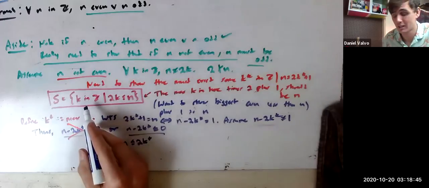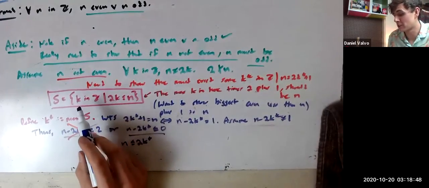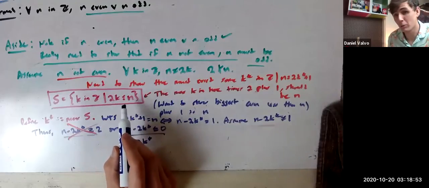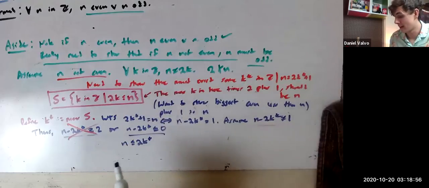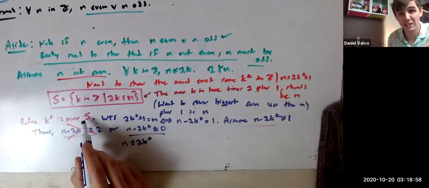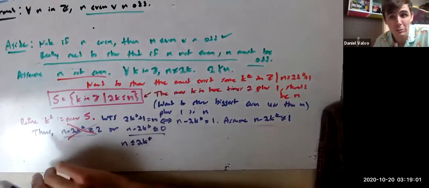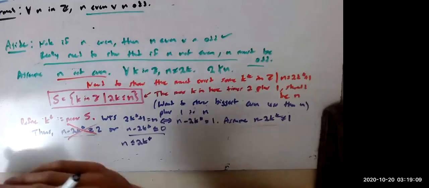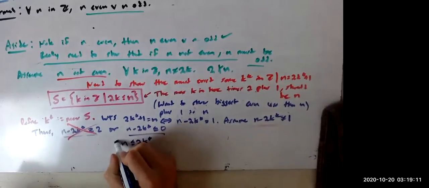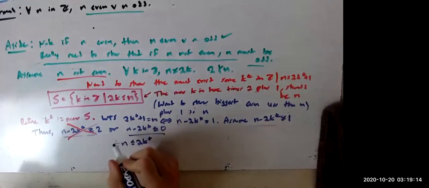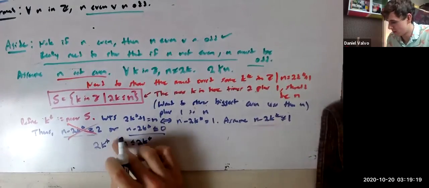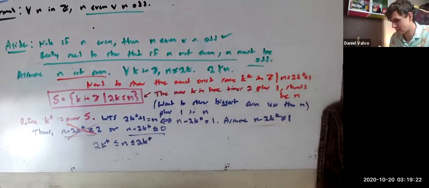Based on this definition of S. Remember, S is all the integers such that if you multiply by 2, it's less than or equal to n. K star is in S. It's an integer in S. So if you multiply it by 2, what should happen? It should be less than or equal to n. So we should get this, since K star is in S.